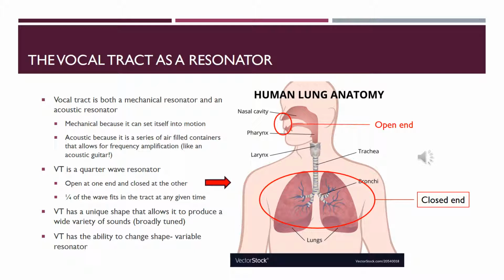It's called a quarter wave resonator because a quarter of the wave fits into the tract at any given time. It also has a unique shape that allows it to produce a wide variety of sounds, so we say that the vocal tract is broadly tuned. In addition, the vocal tract has an ability to change shape, so it is a variable resonator.